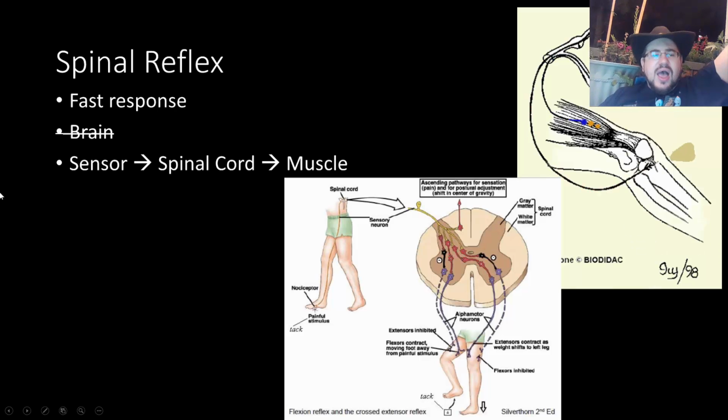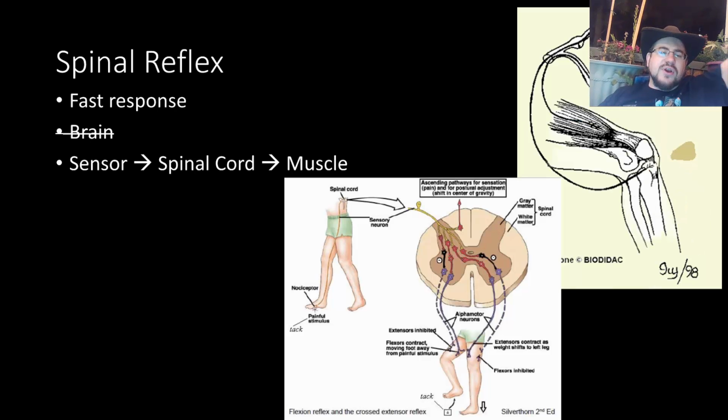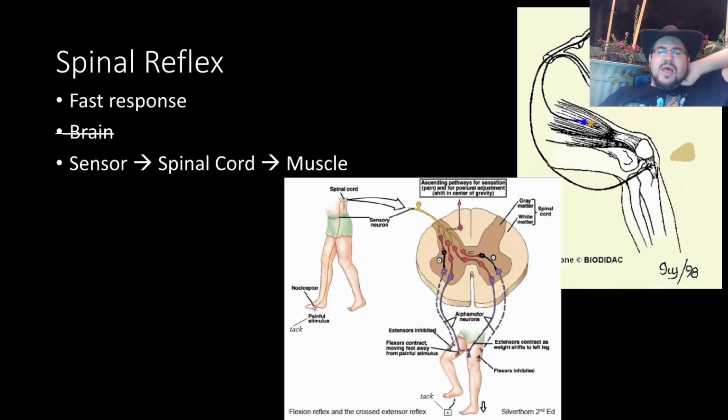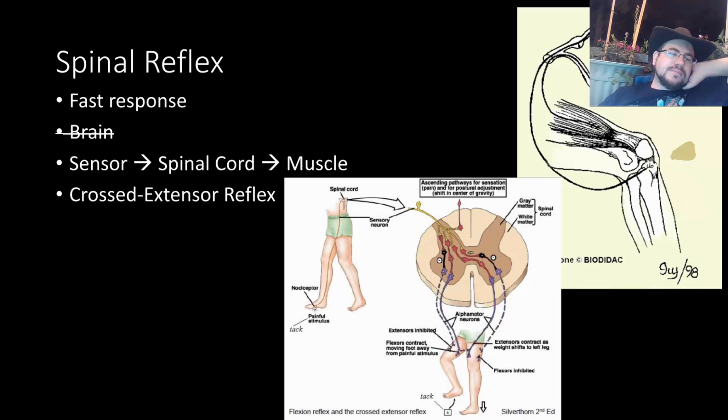Basically, your sensor sends information along the nerve to the spinal cord, and then that particular sensory information is immediately processed by the spinal cord and sent out to the muscle, resulting in an extremely fast travel time and response time.